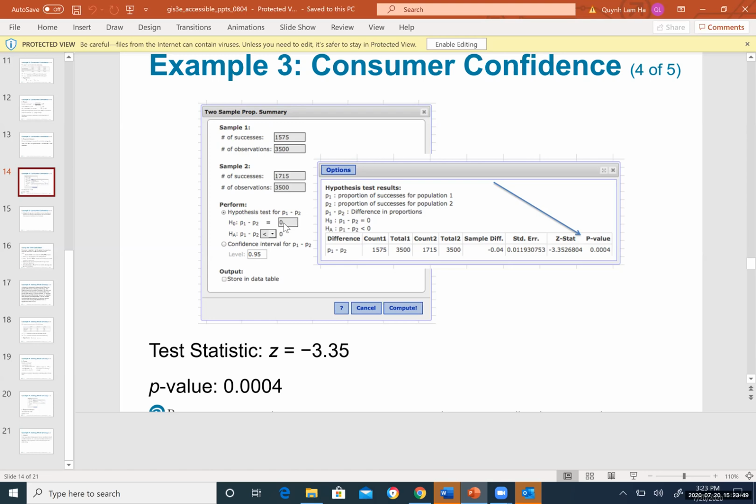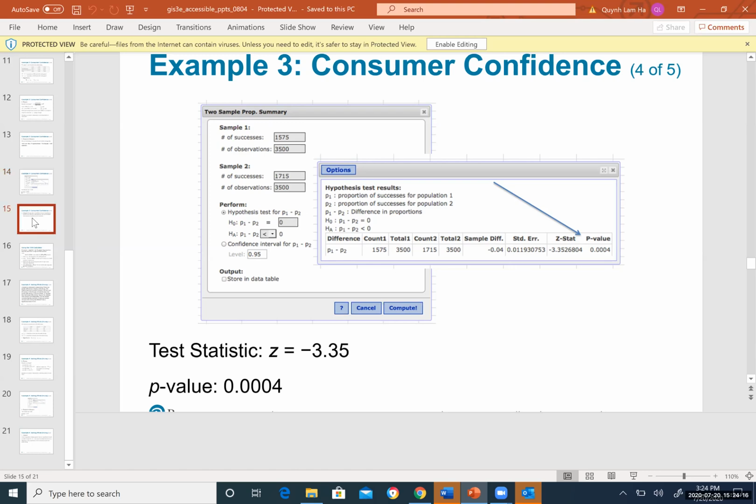You see that they put in 0 here, because when you set P1 minus P2 equal to 0, you put that there. And the alternate hypothesis would be P1 minus P2 less than 0, right? Then you click compute, and you get this value. You got a Z stat of -3.3, and the P value will be very small. Okay.